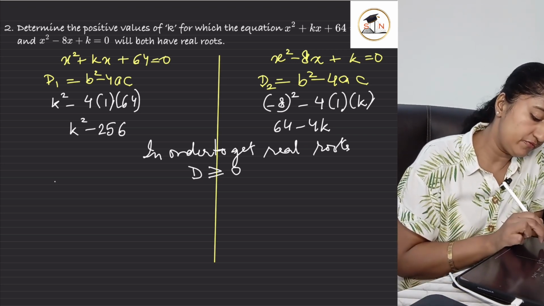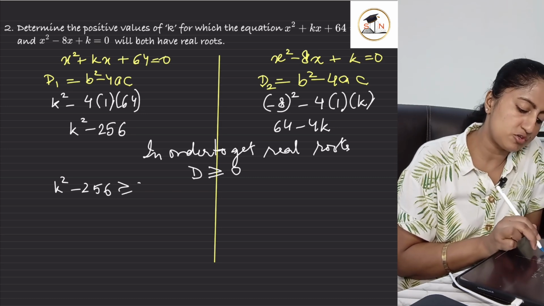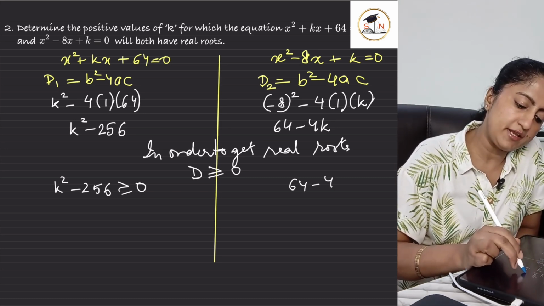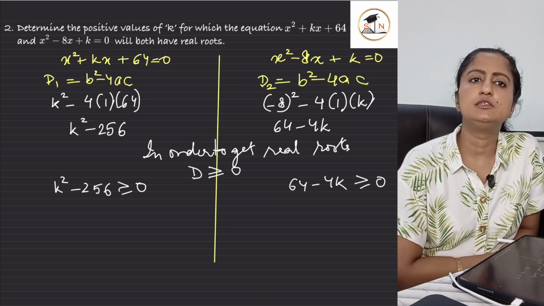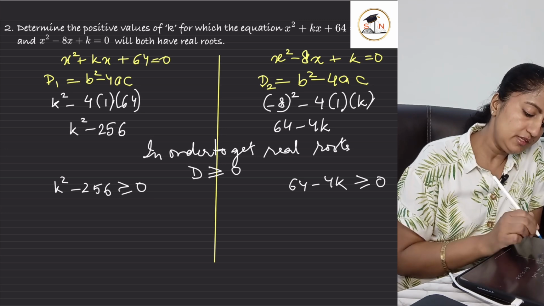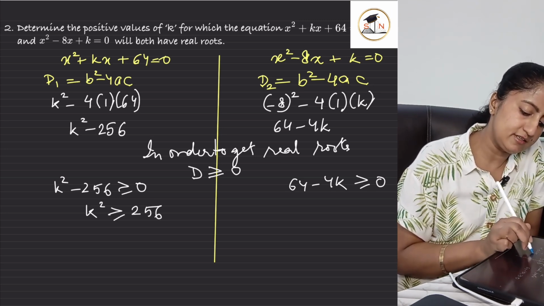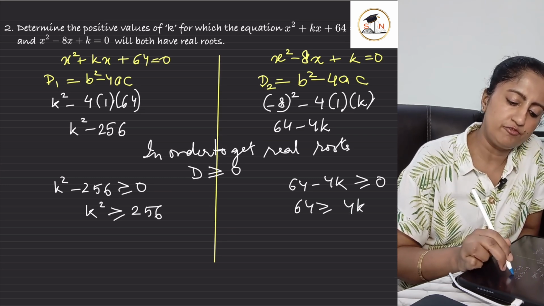So now k square minus 256 is supposed to be greater than or equals to 0. And similarly, 64 minus 4k is also supposed to be greater than or equals to 0, right? So k square is greater than or equals to 256 and 64 is greater than or equals to 4k.